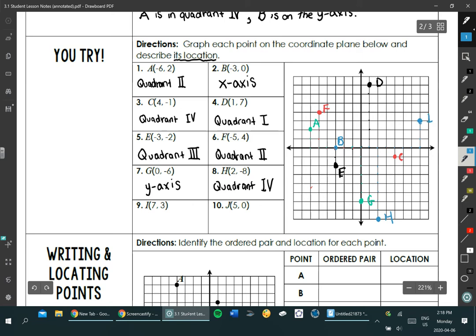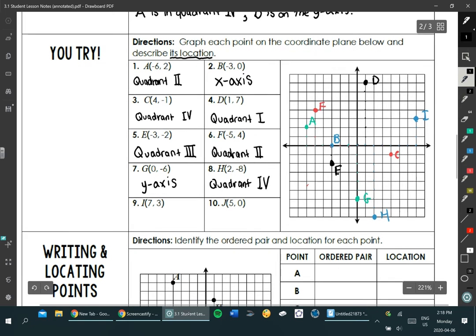That's I. And that is located in quadrant 1.